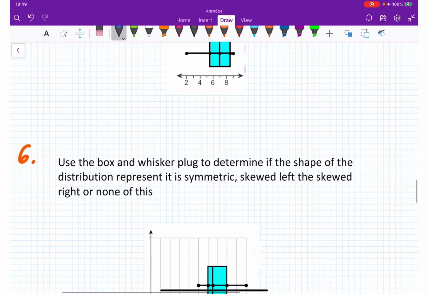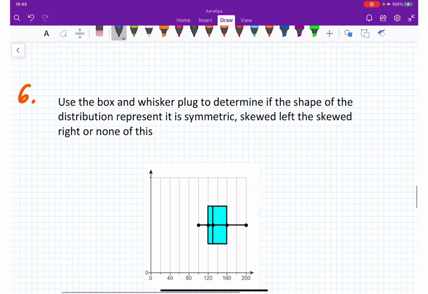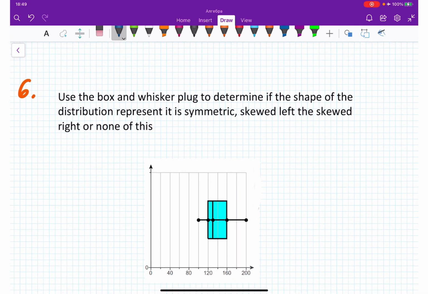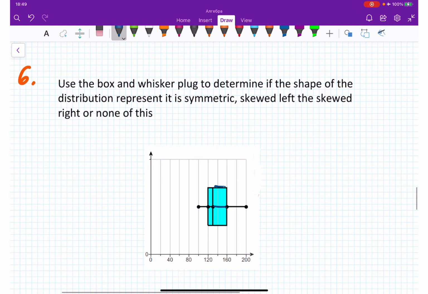So the bottom line is we need to find out what shape that is. Is the box and whisker plot symmetric, skewed to the left, skewed to the right, or none of it? As you can see clearly, it's skewed to the right. See that? It's skewed to the right.